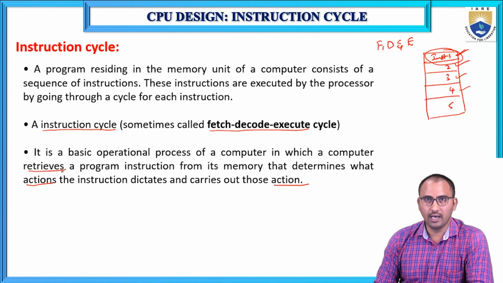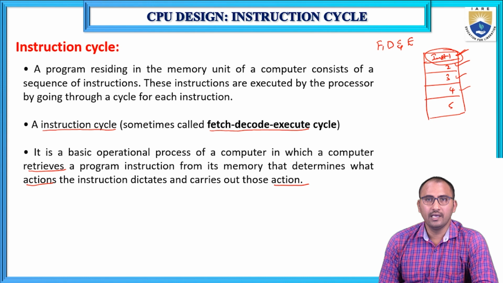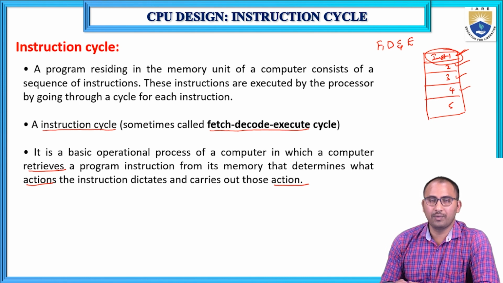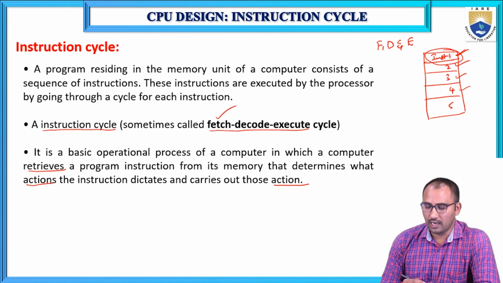Here, mainly three types of operations are performed. The first one is fetching: instructions are fetched from the memory. After that, it determines what actions the instruction has to perform, and finally that operation is performed, which is the execution.